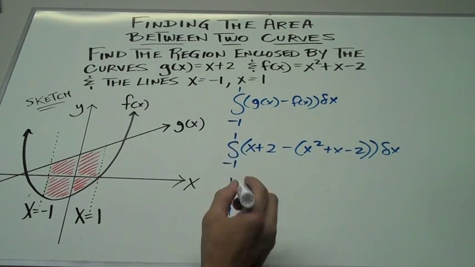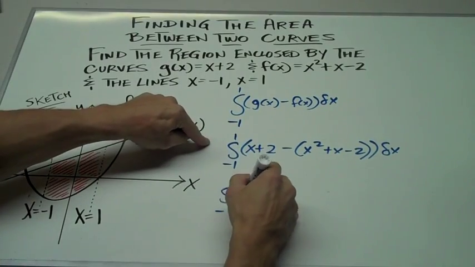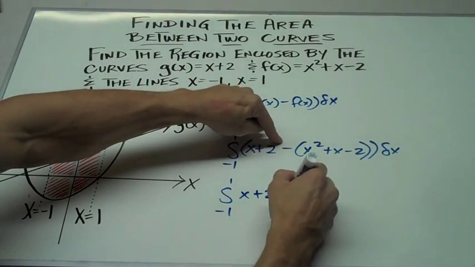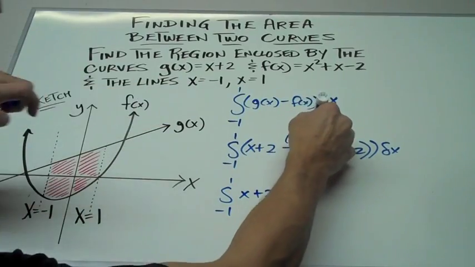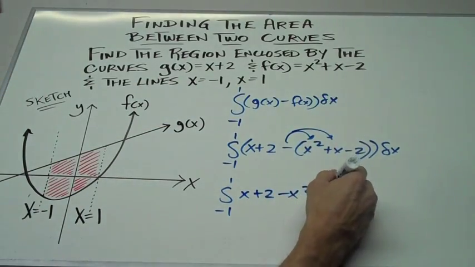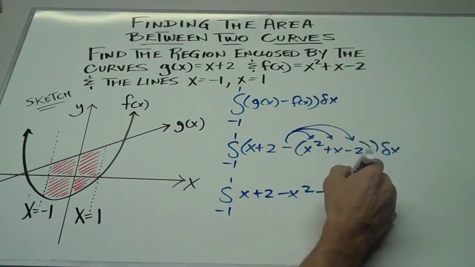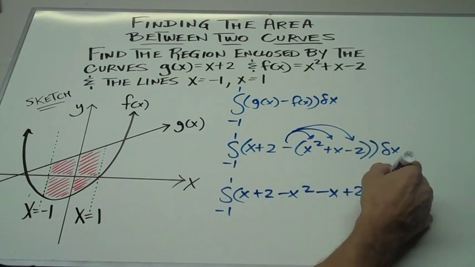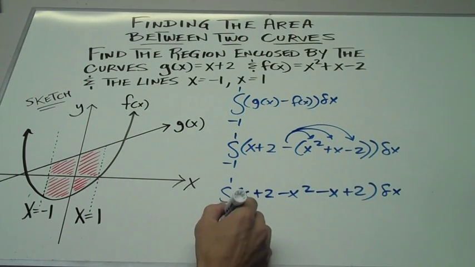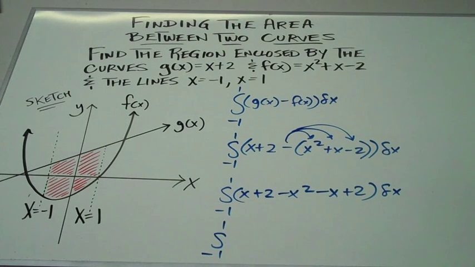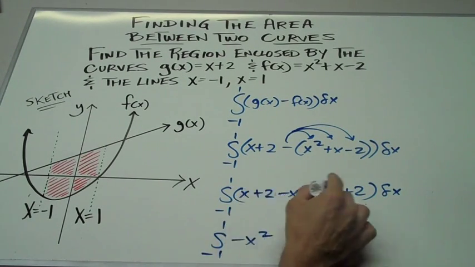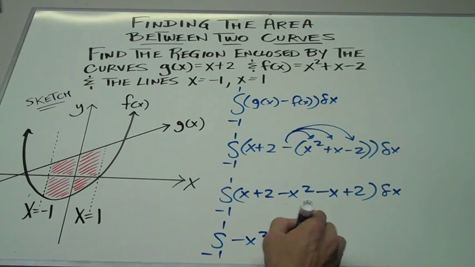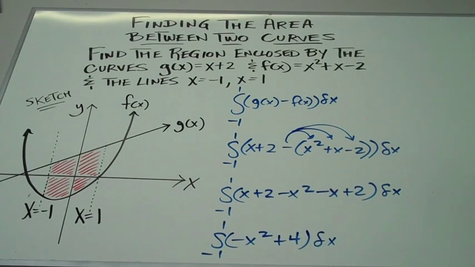From negative 1 to 1 of, this will be x plus 2 minus x squared. If I distribute out this negative, I'll have minus x, and one more time I'll have plus 2, all with respect to dx. That will give me the integral from negative 1 to 1 of negative x squared plus 4, since 2 and 2 is plus 4, all with respect to dx.